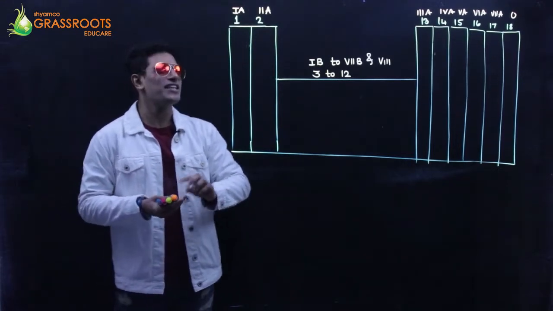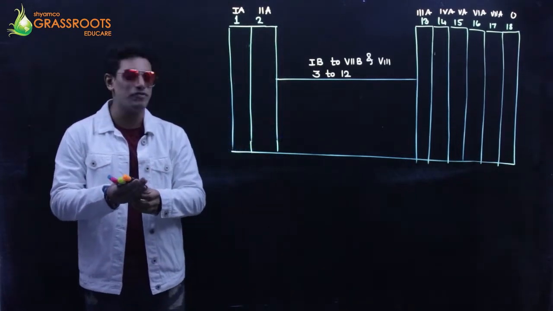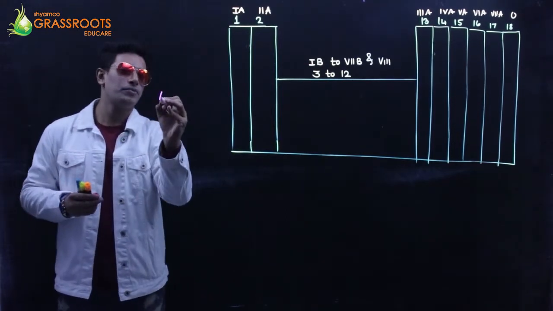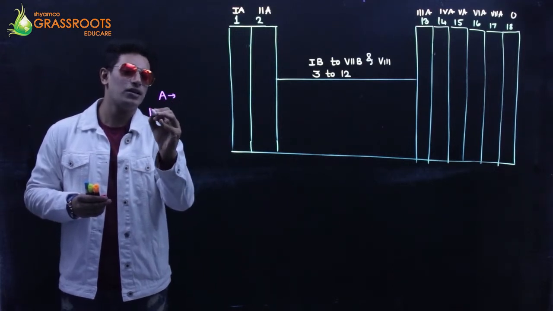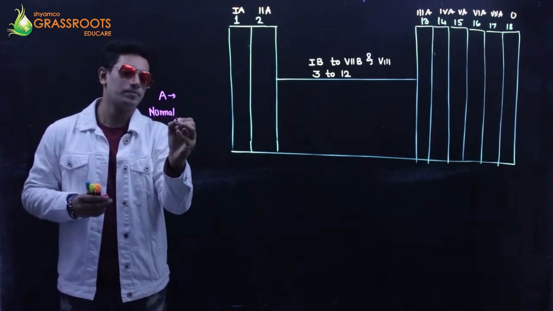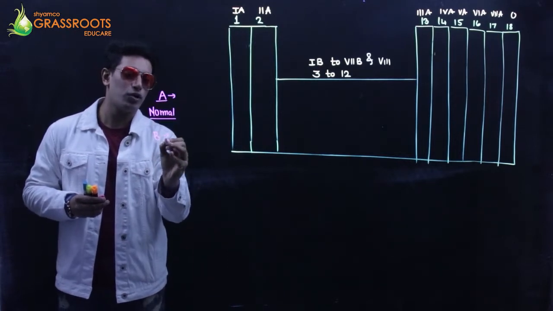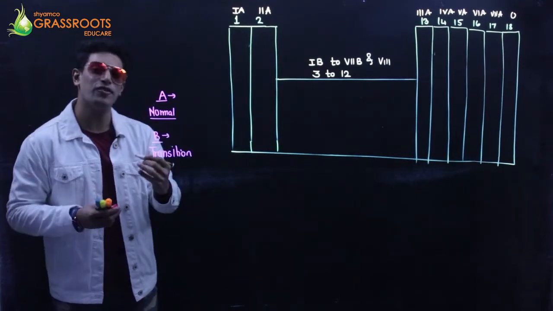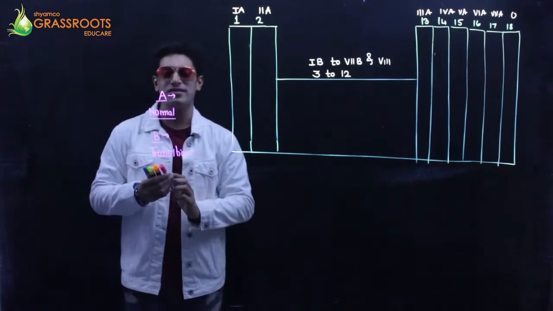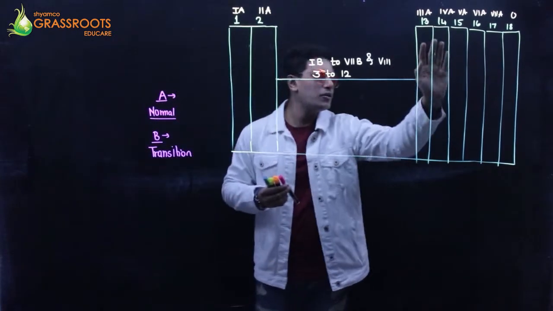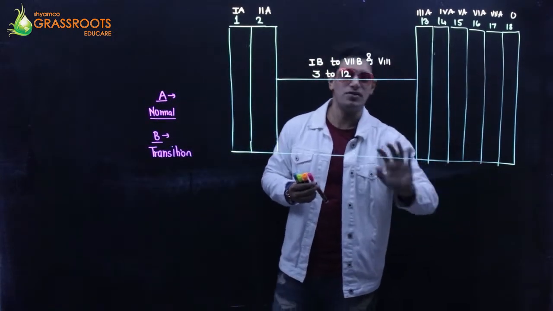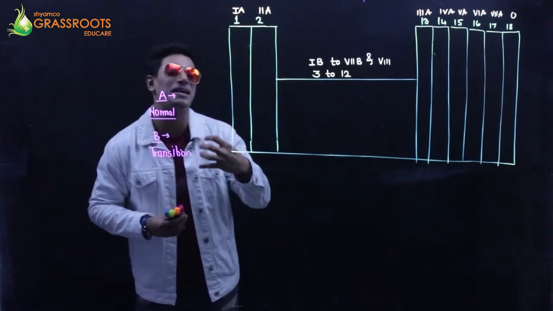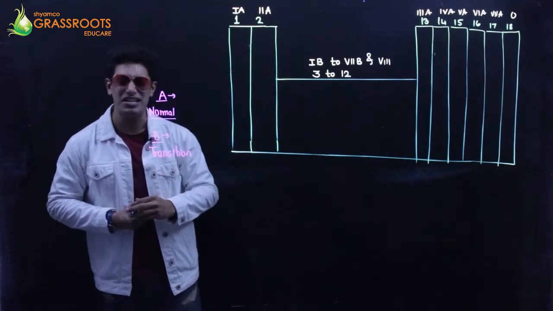Now, first thing, having a quick review, group A elements are called normal elements. And group B elements we call transition elements. Now, what is the difference between them? Normal elements consist of metals, metalloids and non-metals. However, the transition elements consist of weak metals, only metals a bit weak in nature.